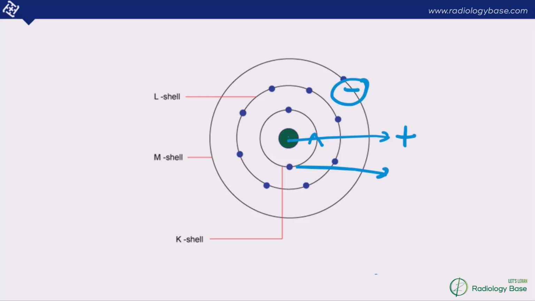So it also has some kinetic energy due to the movement, but the issue is that the potential energy, which is due to the electrostatic force, is always larger than the kinetic energy. So this results in a net negative energy experienced by the electron in any shell, and that net negative energy is basically the actual energy of the bound electron.